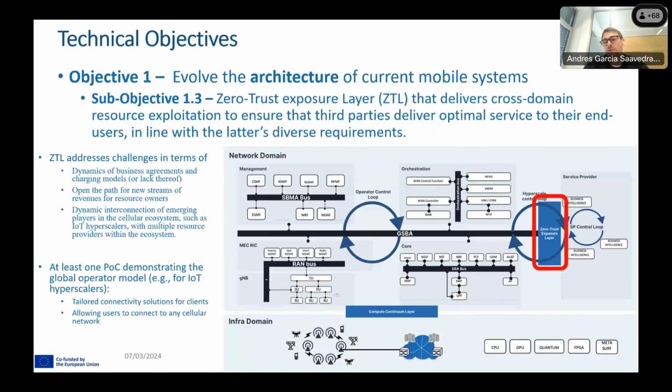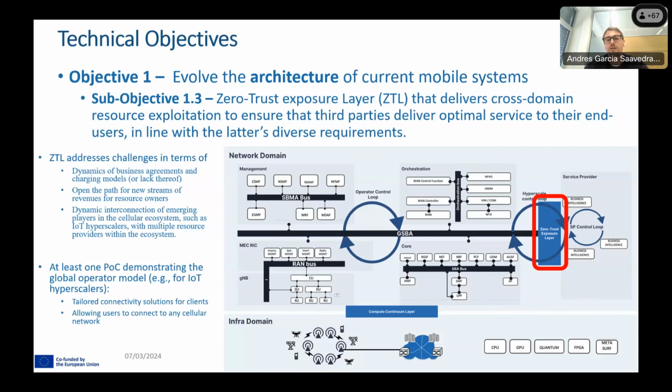And the last one is what I mentioned before, the zero trust exposure layer. Again, the idea is to foster new business models that we haven't seen before, right? By allowing more dynamicity and the ability to build virtual networks faster, without the mediation of third parties that may slow down the creation of mobile networks.